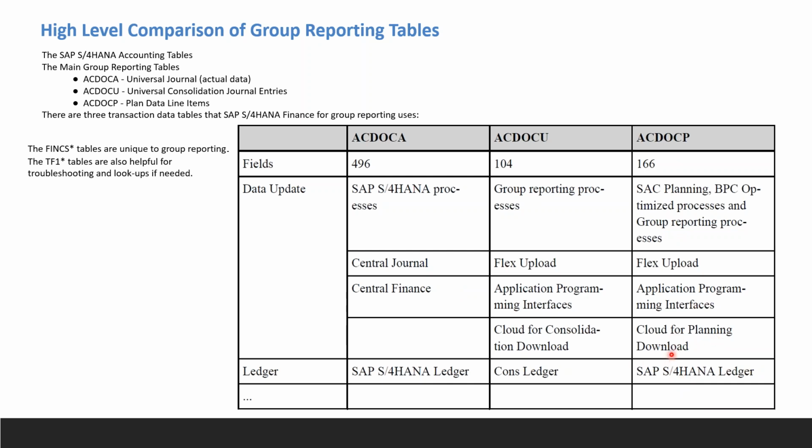So from the cloud for planning we can download, and we can do it through Flexfile or through a CSV file, and upload the data directly into the ACDOCU table. So here also we can upload the data for the non-SAP companies directly to the group reporting table. So that is also possible. You can even load data for the SAP companies as well, and that also we can upload through Flexfile.